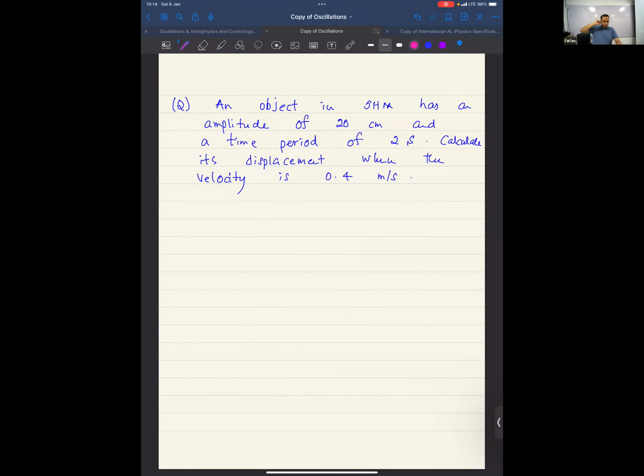An object in simple harmonic motion has an amplitude of 20 centimeters and a time period of 2 seconds.